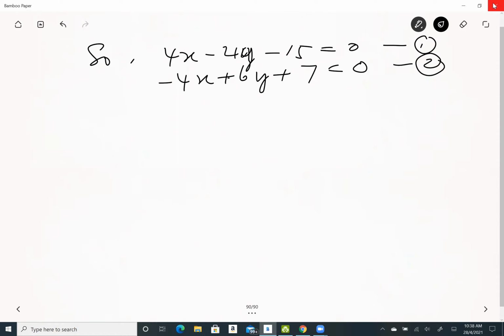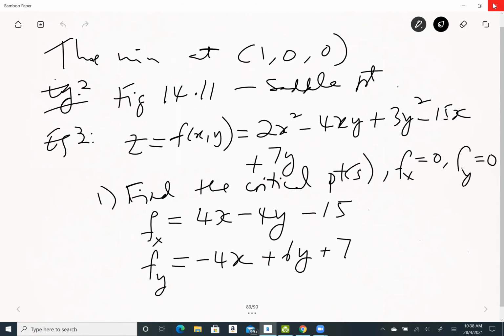So I will check again, whether I was wrong or you are wrong. You got 4x minus 4y minus 15, right, minus 15. Then I have negative 4x plus 6y plus 7.